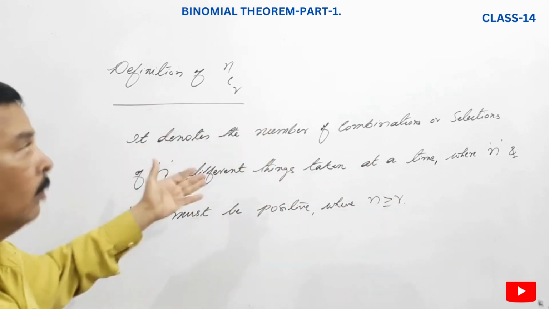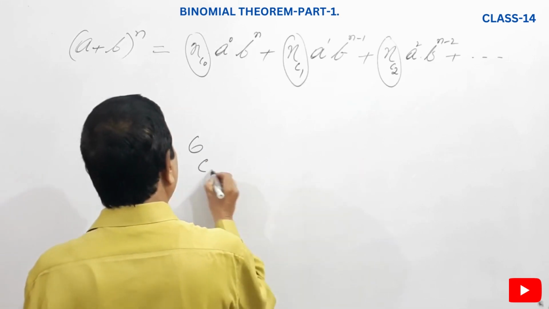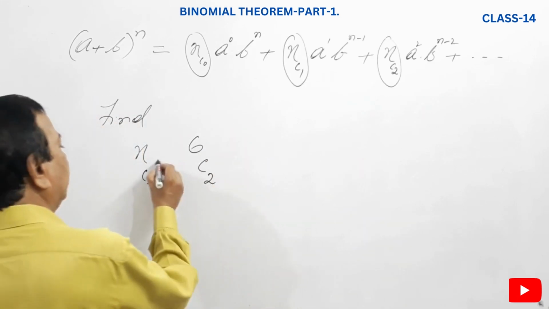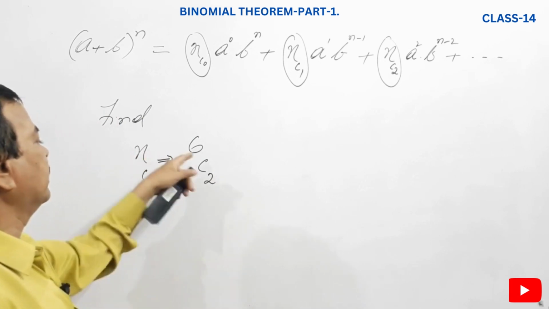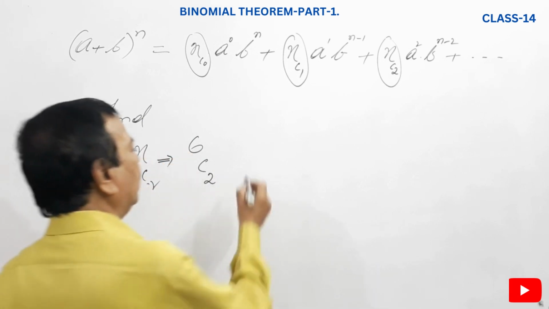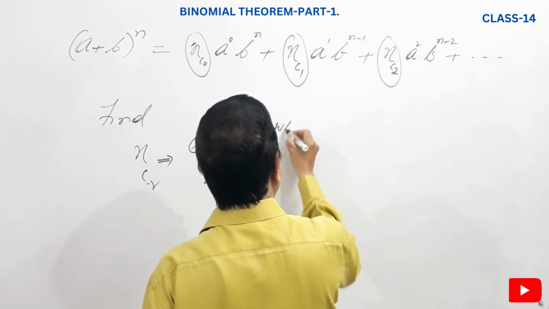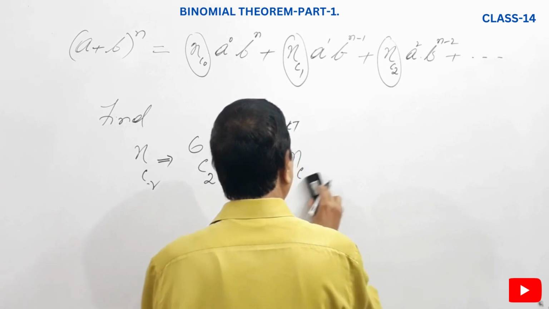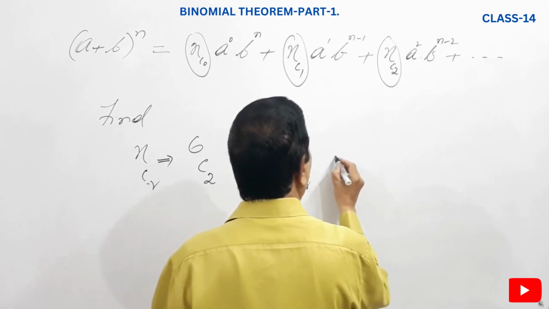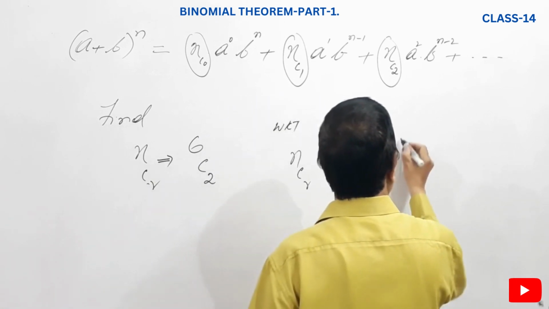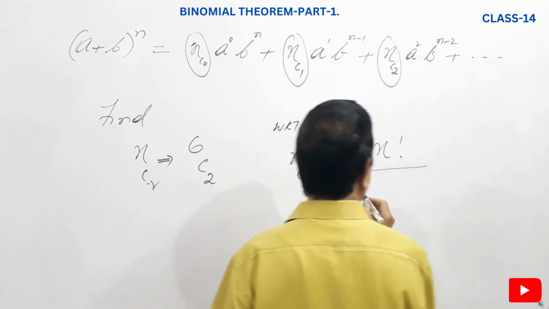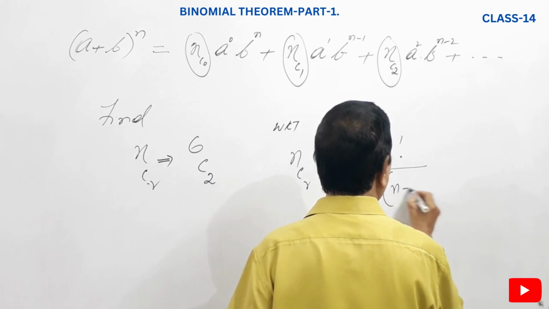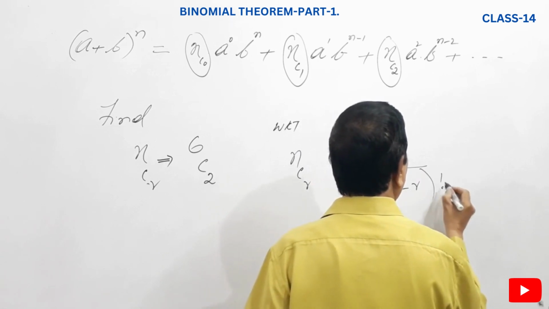I'll tell you how to calculate nCr. 6C2, I'll write this. So this is where n is 6, r is 2. How to calculate this? Remember, we know that nCr can be calculated using n factorial divided by r factorial into n minus r factorial.